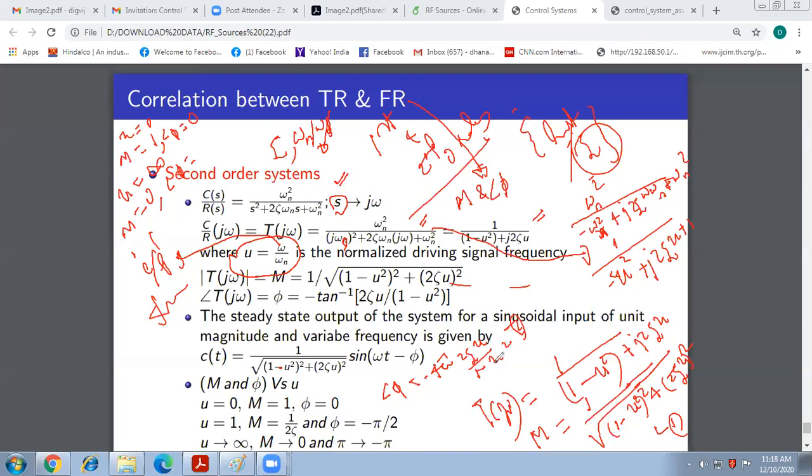My angle phi should be coming out to be what? Any answer here, Ben, quickly? Zero, I think, so tan inverse of zero. No, that will not be the case. Have I done any mistake here? 2 zeta u over 1 minus u square, right?